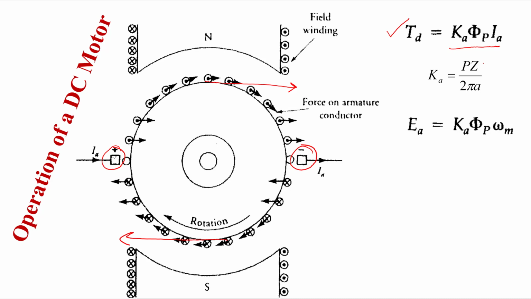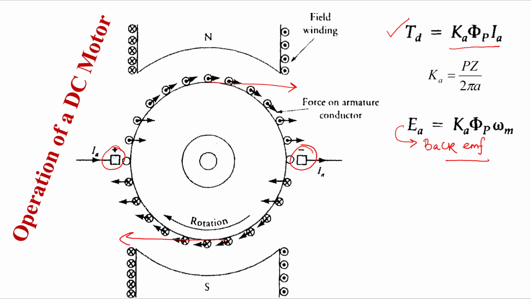Of course there will be a generated EMF because the coil is moving inside the magnetic field, and that will oppose its cause. So it will oppose the voltage applied to the terminal of the motor. Sometimes this is known as back EMF.